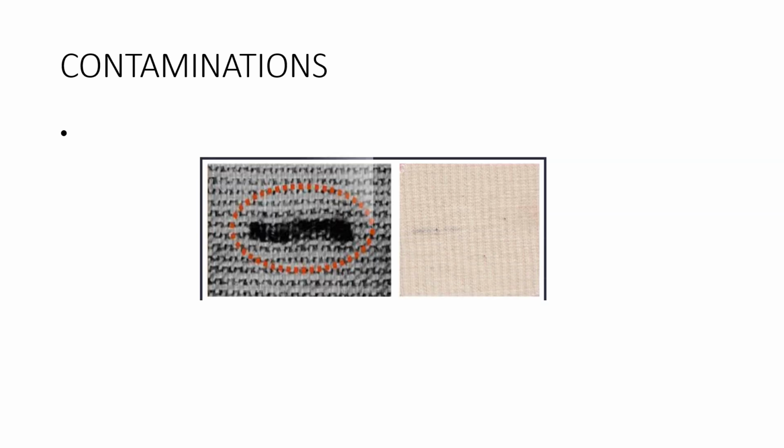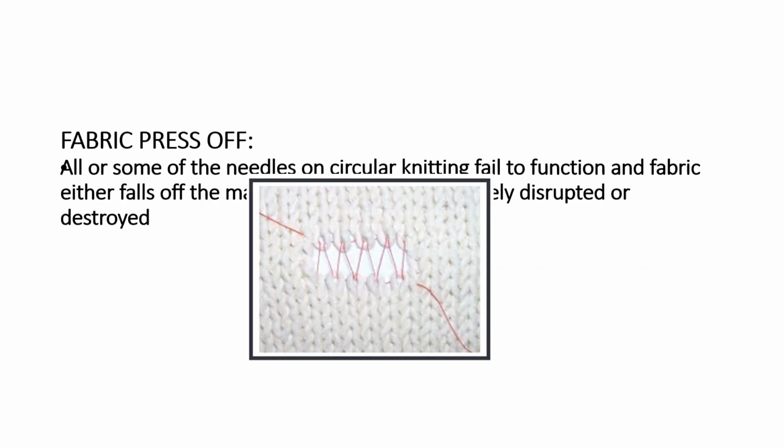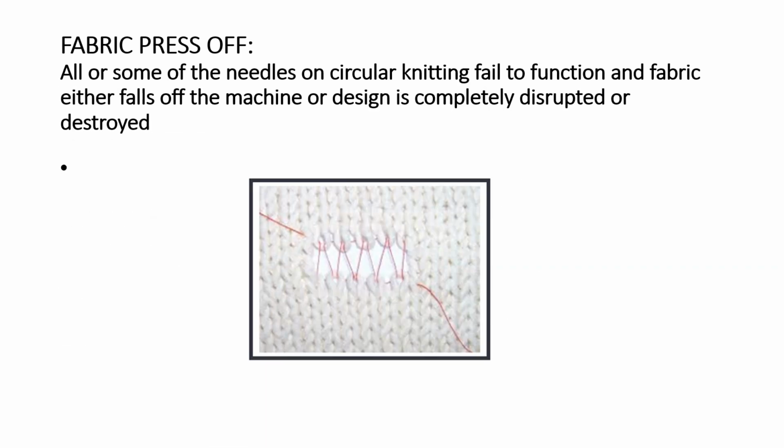Similarly, the contaminations. If there is a contamination, you can find some other kind of colored yarn contaminated from the next machines. And also you can see an important defect called fabric press off. When the needles are not functioning well and fall off, completely disrupted, then such a situation may occur and we call it a fabric press off.